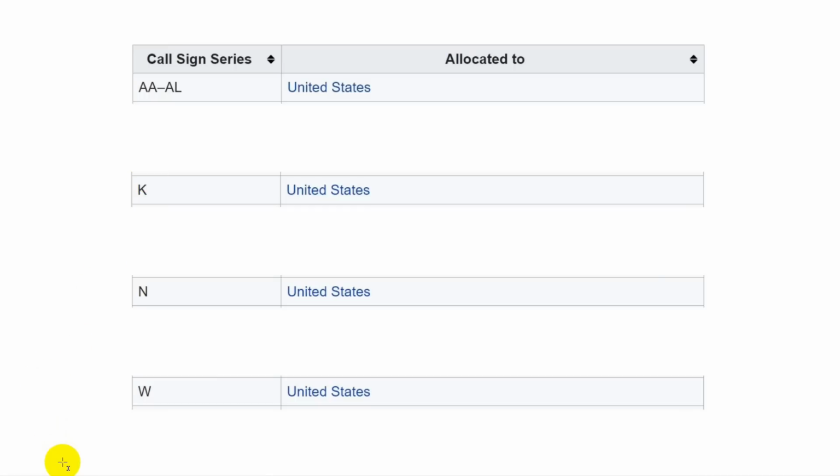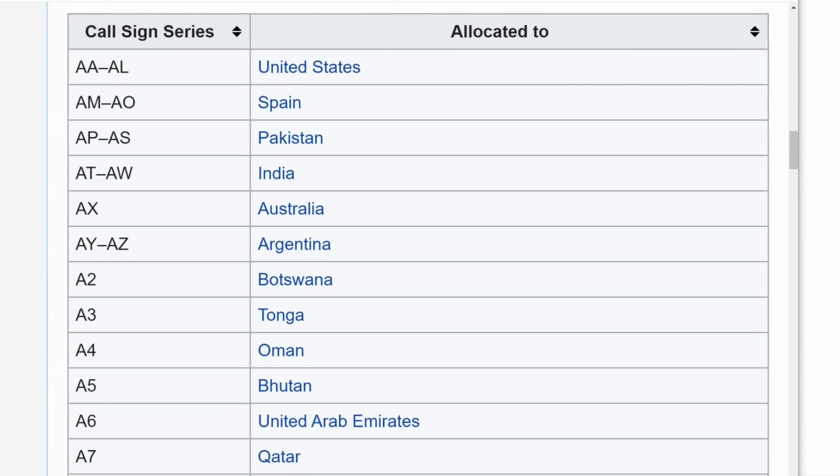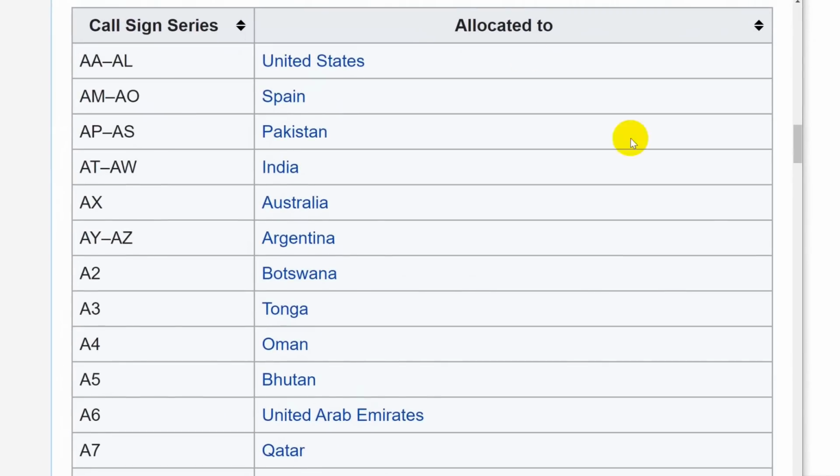Well, why don't we just for kicks look at the actual list of call signs across the country? Okay, I'm going to put this up here. This is listed in Wikipedia, but it's actually an ITU, or International Telecommunication Union product, and it is put out by the United Nations.